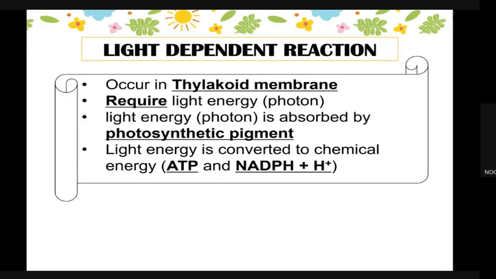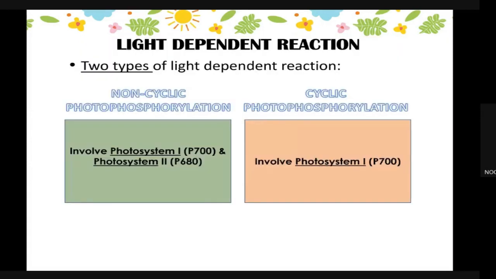The light energy will be absorbed by the photosynthetic pigments and then converted to chemical energy, which is ATP and NADPH. There are two mechanisms of light-dependent reaction. The first one is non-cyclic photophosphorylation, and the second one is cyclic photophosphorylation. Non-cyclic photophosphorylation involves both photosystem 1 and photosystem 2, while cyclic photophosphorylation involves only photosystem 1.